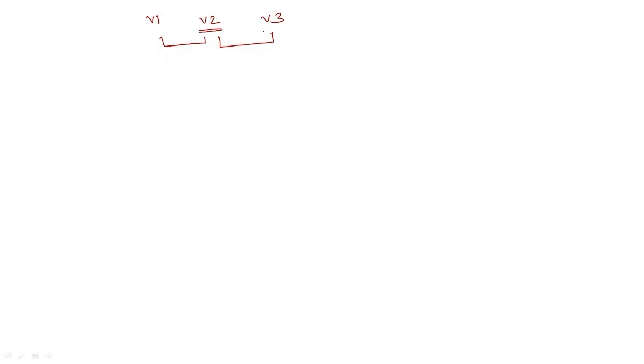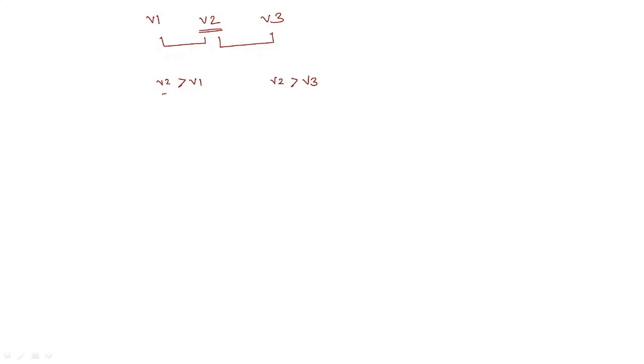In both comparisons, if you get that v2 is greater than v1 and v2 is greater than v3, it means v2 is the greatest. So we will compare v2 with v1, whether v2 is greater than v1, and in the second case we will compare v2 with v3, whether v2 is greater than v3.